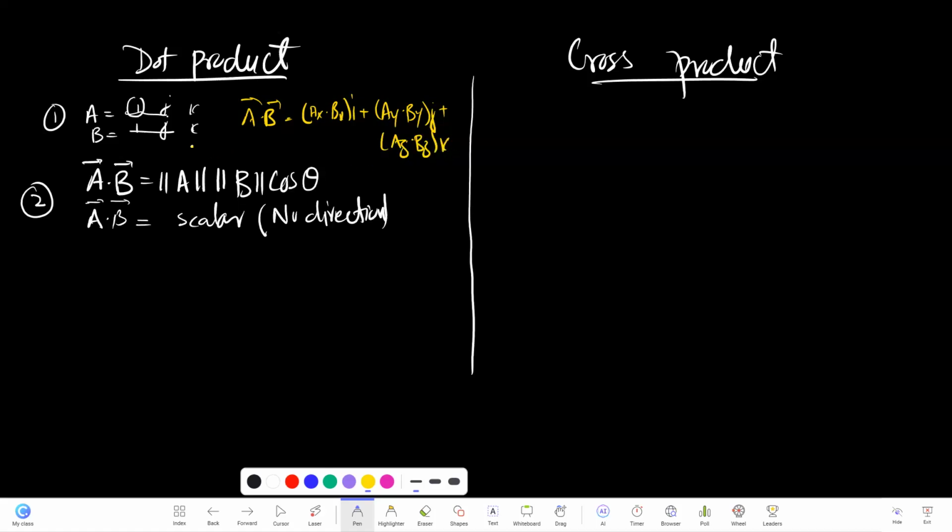This is method number 1. Method number 2, you can apply one or the other based on the information given. If there is no information about the angle, then you're supposed to use the first method. And if they're talking about the angle, then you are forced to use method 2.